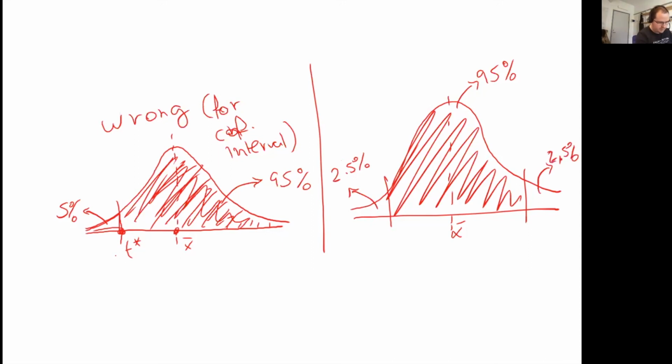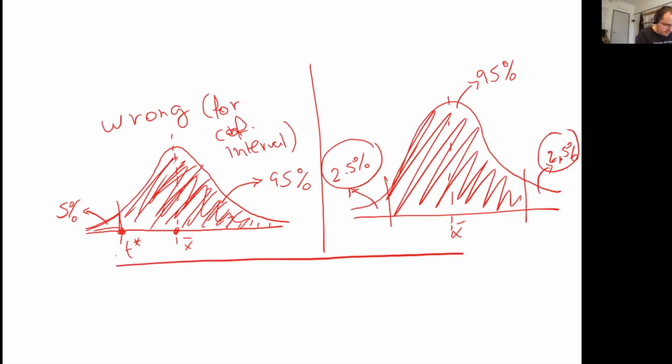Because if I do this one plus this one, then I have 5% outside of the confidence interval and 95% inside the confidence interval.